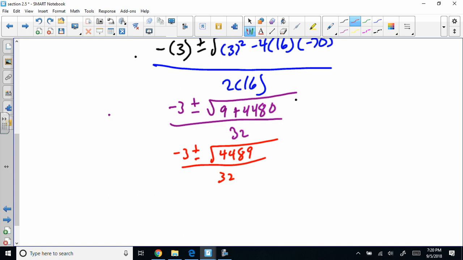So let's see. That's good. I like that when it happens. So negative 3 plus or minus. Since it was a perfect square, what does it tell you about the quadratic? Anybody know?